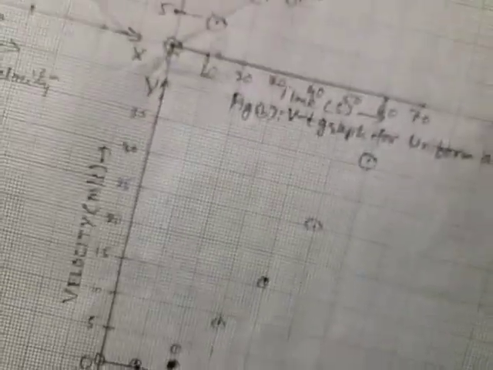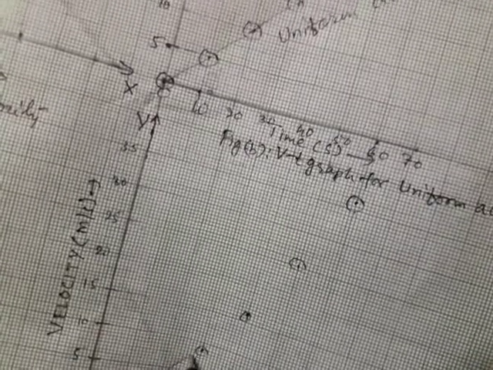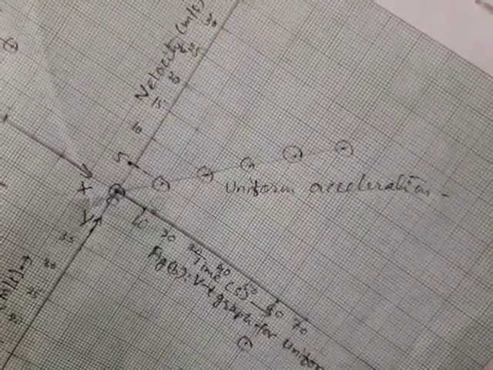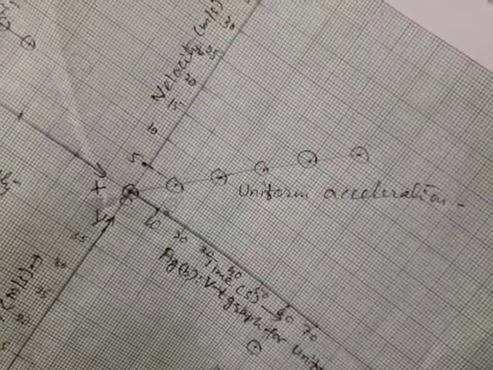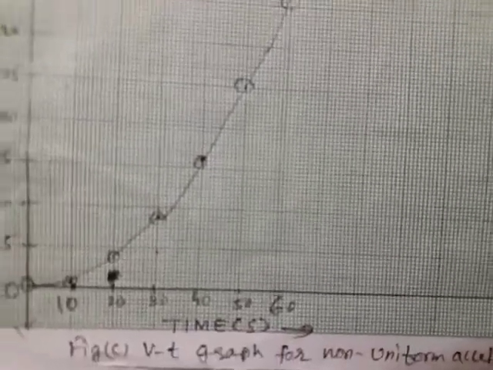Now we join all these points and we get the shape of the graph. So dear students, after joining these points, we obtained a curved line. This indicates that the motion of the object is non-uniform acceleration.